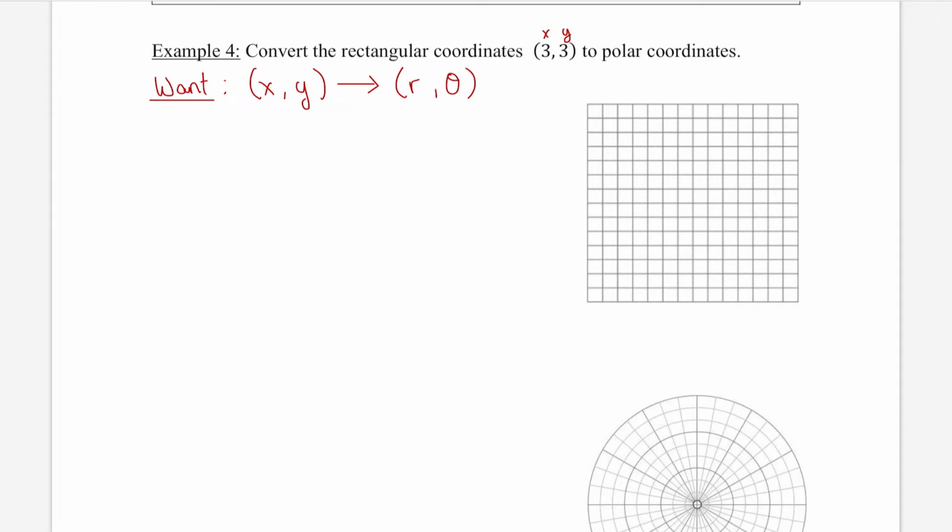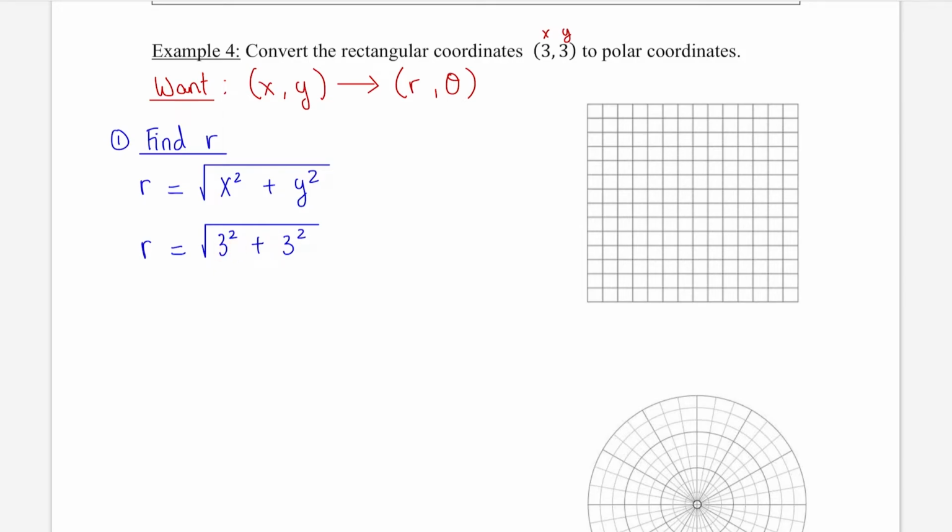So to find r, I am using the formula r equals square root of x squared plus y squared. X is 3 and y is 3, so I'm going to plug it in. R equals square root of 3 squared plus 3 squared.